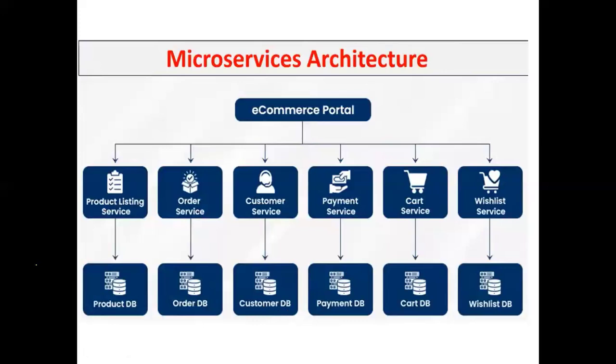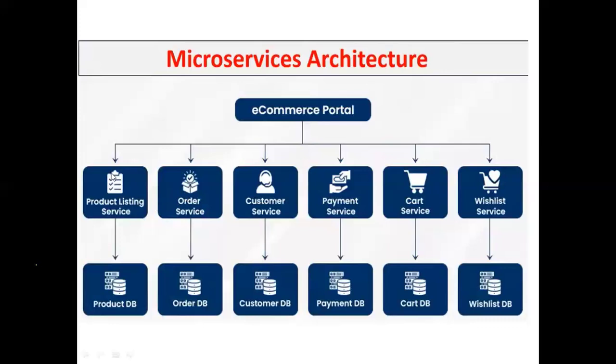Earlier, we followed the monolith architecture. In monolith architecture, the application has multiple modules and we combine all those modules under a single container. But in microservice architecture, each module acts as a separate service and each module can perform independent operations, and one service can also communicate with others based on requirement.